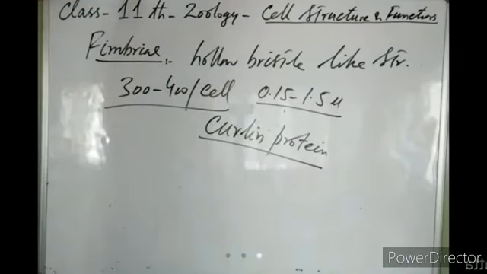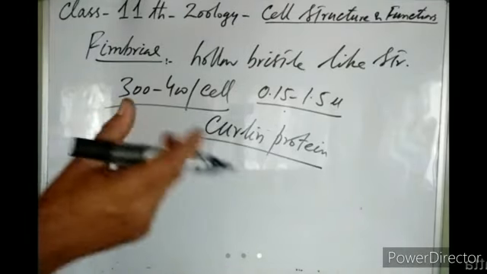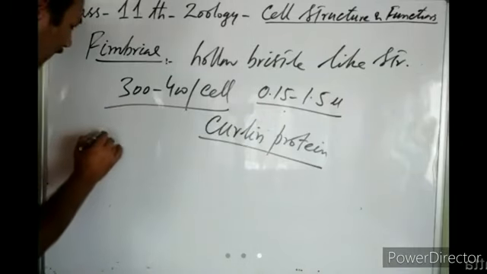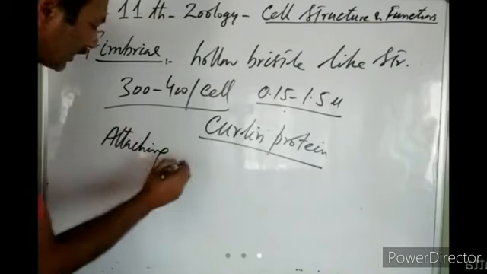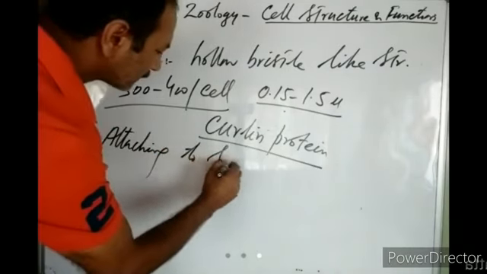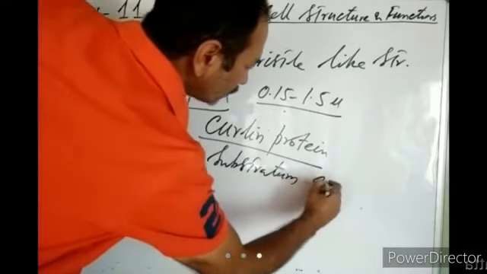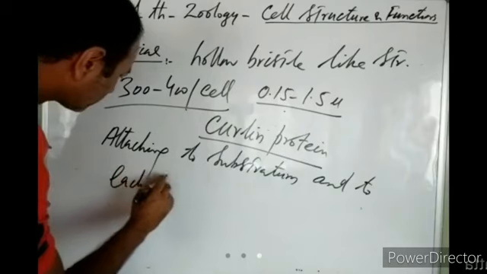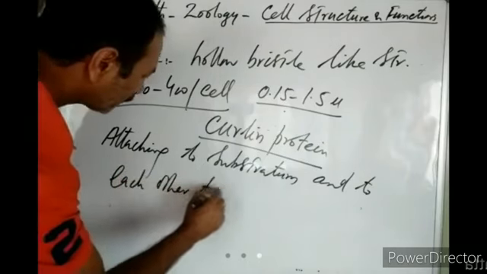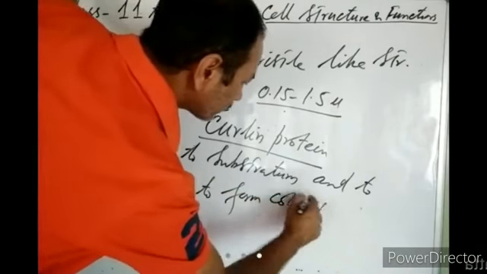And these fimbriae help the bacteria in attaching to the substratum and in adhering to each other to form colonies, to form bacterial colonies.